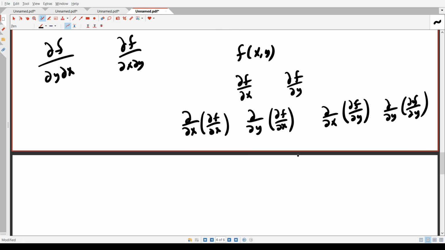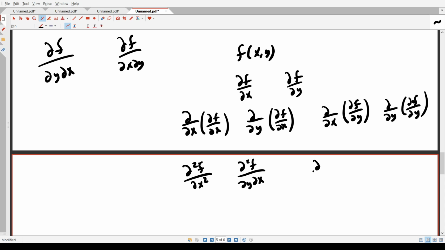Okay, so our notation for this is that this is going to be d squared f dx squared. This one is going to be d squared f dy dx. So this means the y derivative of the x derivative.